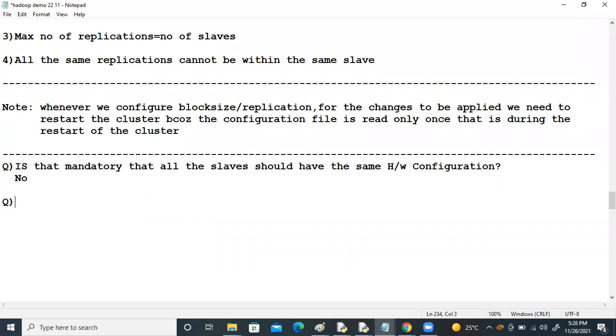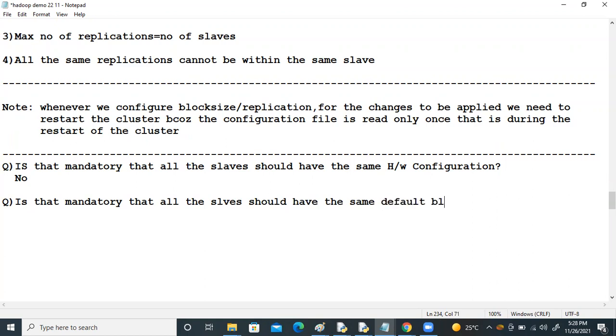One more: is it mandatory that all the slaves should have the same default block size?